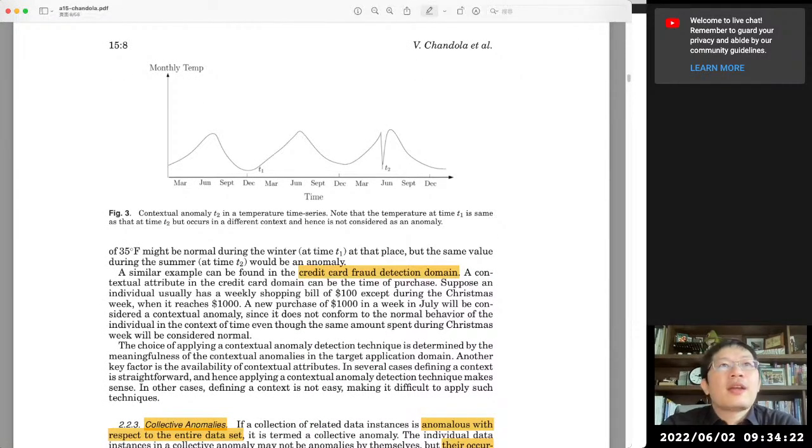Here is, I think, a temperature measurement for different months, right? And you can see that there is a trend. In summer, the temperature is higher. In winter, the temperature is lower. But you can see that at T2, time 2, there is a point right there. But I think it is June, right?